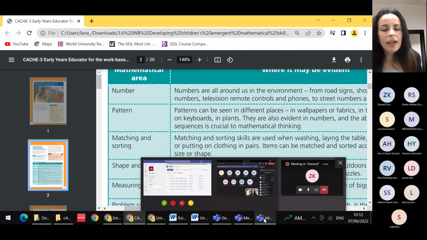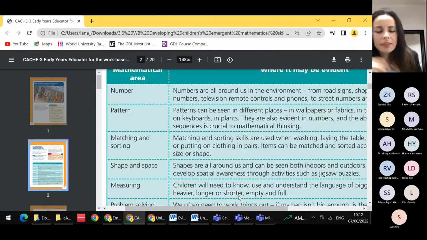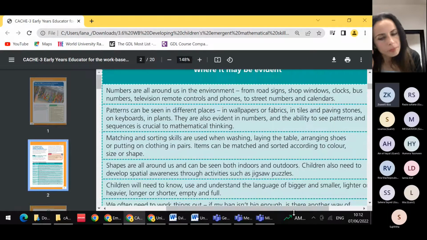Second thing, there are patterns. This is how you see that mathematics is surrounding the children everywhere. So there are patterns. What does it mean? Yeah, there are patterns on the wallpapers, some geometric shapes, some numbers.